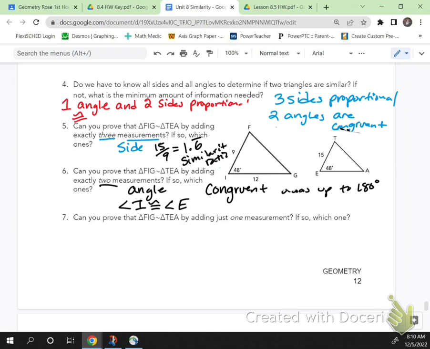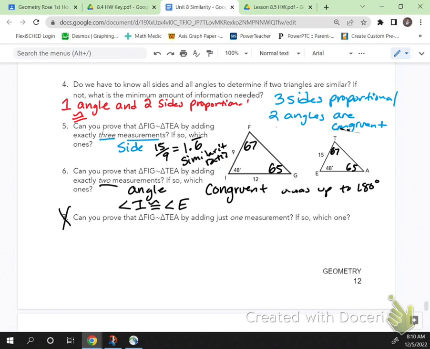So we'll make F 67, G 65, and if I write these in, all the angles are now congruent. Questions? Sides have to be proportional. Angles have to be congruent. That's the criteria.